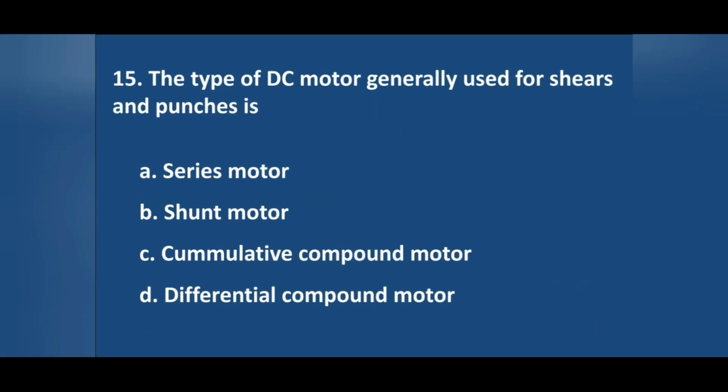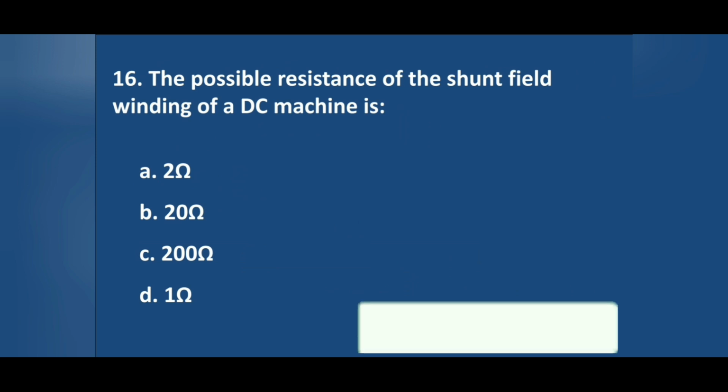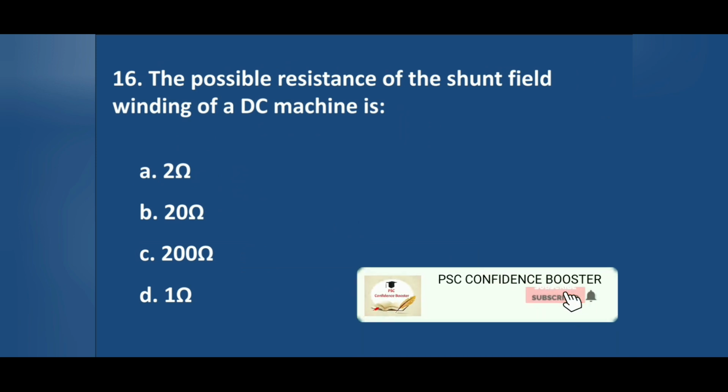Question number 15. The type of DC motor generally used for shears and punches is. Answer is option C, cumulative compound motor. Question number 16. The possible resistance of the shunt field winding of a DC machine is.